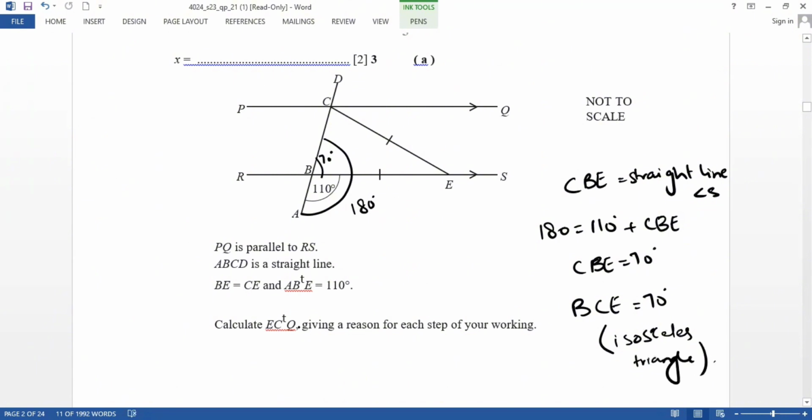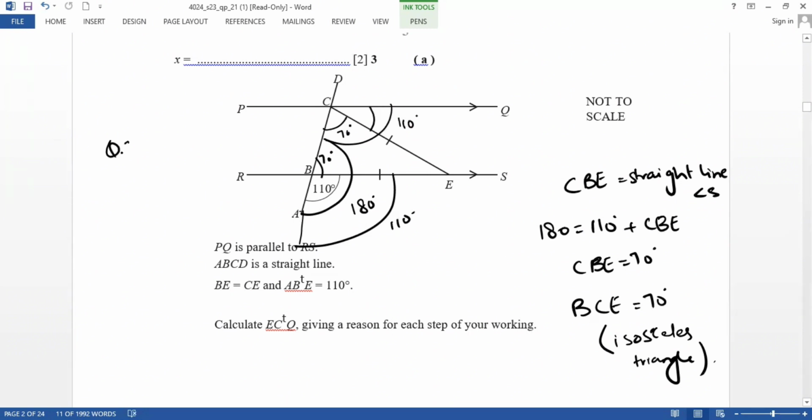We have to calculate ECQ. We have to calculate this angle. Then we have, this is 70. As we know that this is 110, this angle will also be 110 because of corresponding angles.